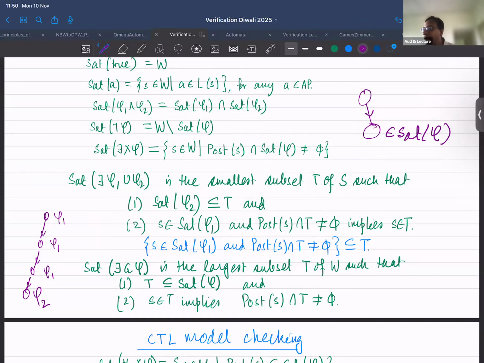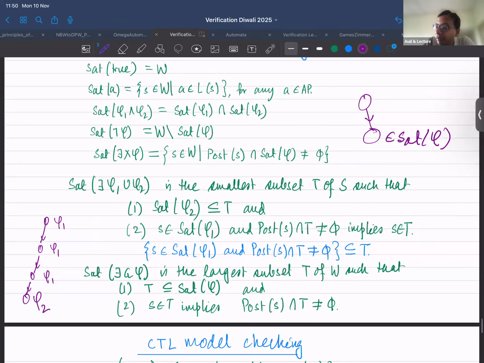Now, how would you compute this thing? Can someone say how you would compute such a path, given that we have already computed SAT of phi 1 and SAT of phi 2? How can I compute exists phi 1 until phi 2?